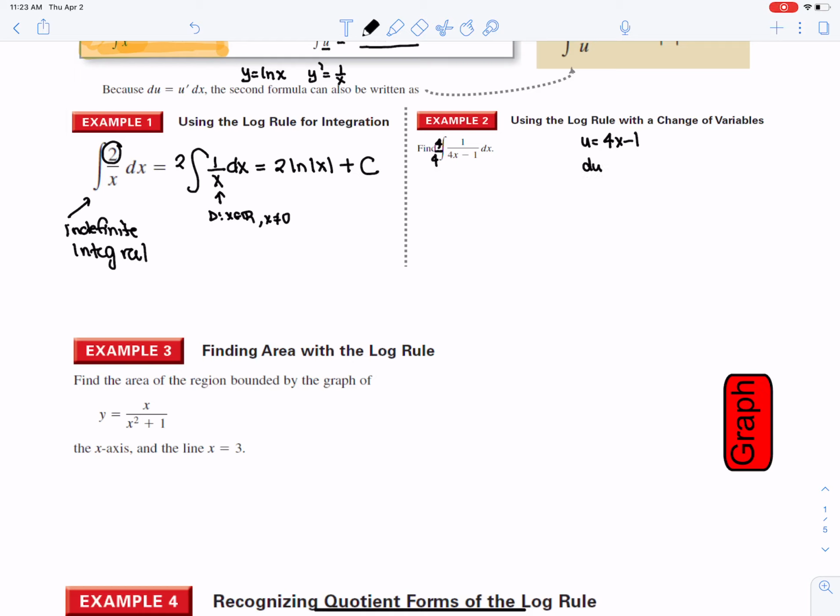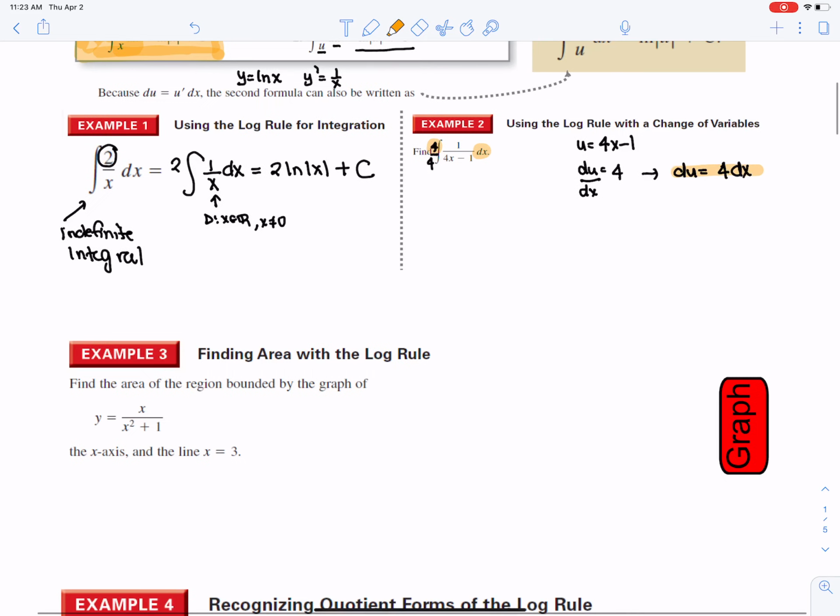My derivative du dx is 4, so my du term is equal to 4 dx. So in my integral, the 4 and the dx will turn into du. The 4x minus 1 will turn into u, and I'm ready to do integration by substitution.